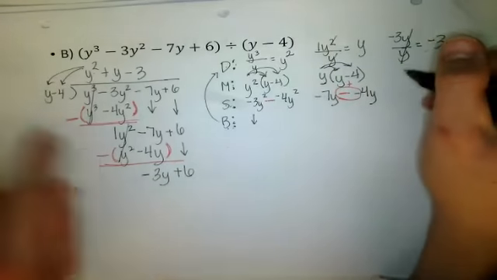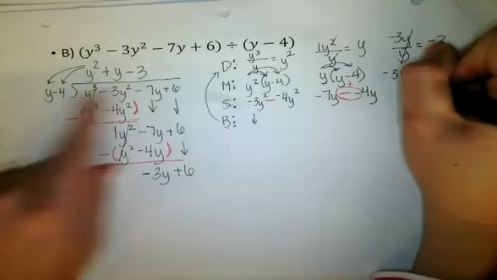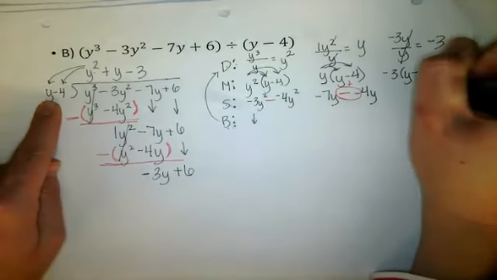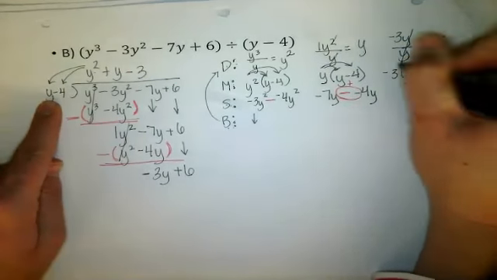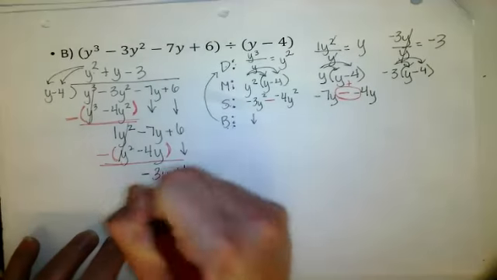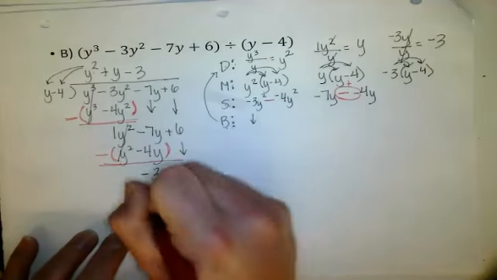And now we multiply. Negative 3 times the divisor. Negative 3 times y is negative 3y. And negative 3 times negative 4 is positive 12. We're going to subtract everything.